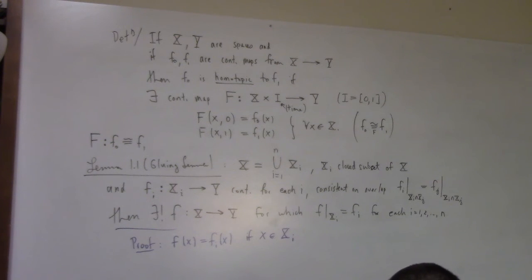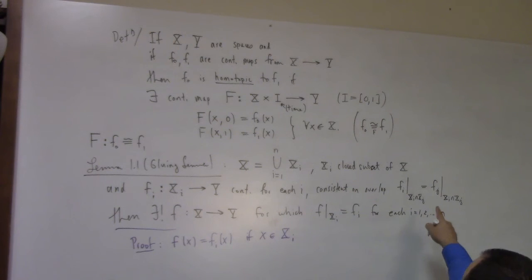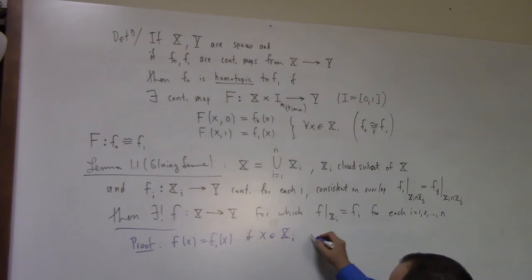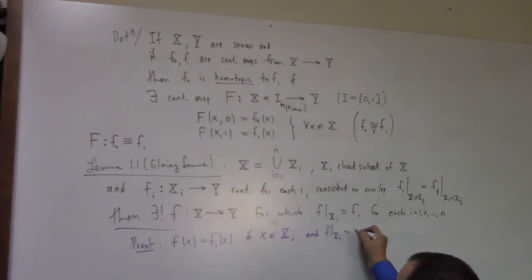So that defines a function, a unique function. It's single valued. Well, maybe that's a question, but no, single valuedness is given by that, right? So he says the unique well-defined function, and it's also obvious that f restricted to X_i is equal to f_i for the so constructed function, right?